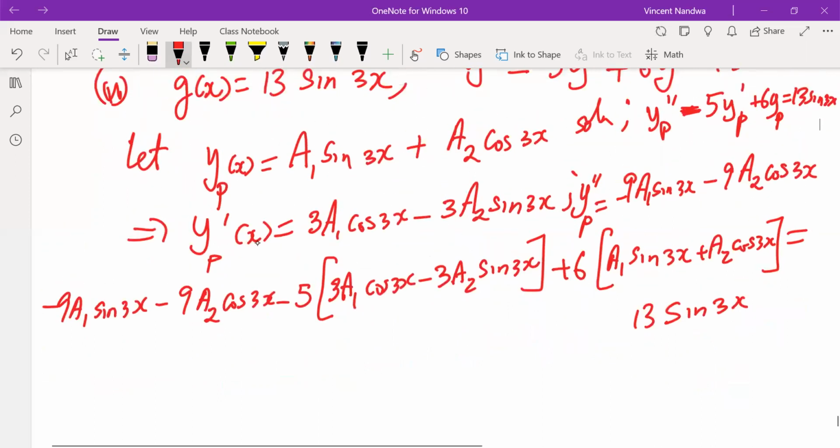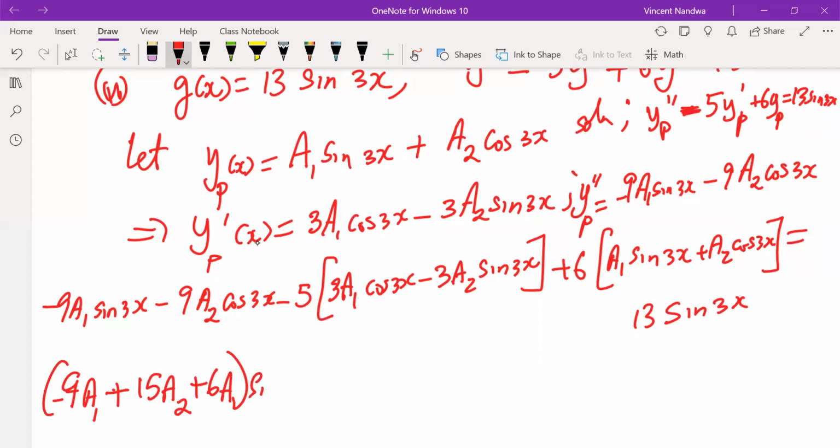So let's expand and collect like terms in terms of sines and cosines. We'll have negative 9a1, here we'll have minus, so minus will be plus, 5 by 3 is 15a2. Here we have plus 6a1.